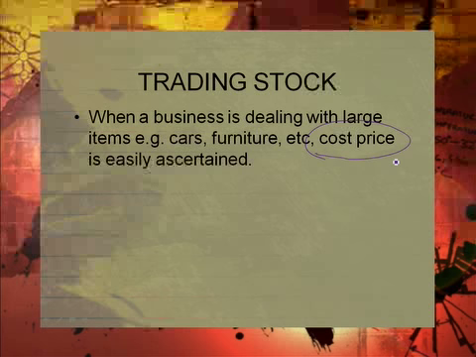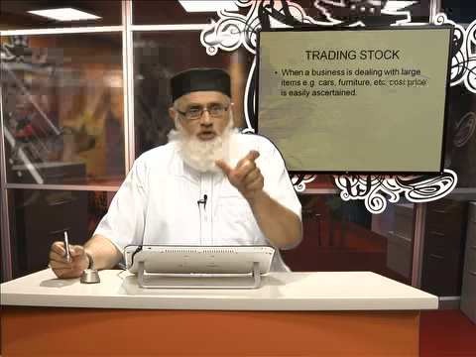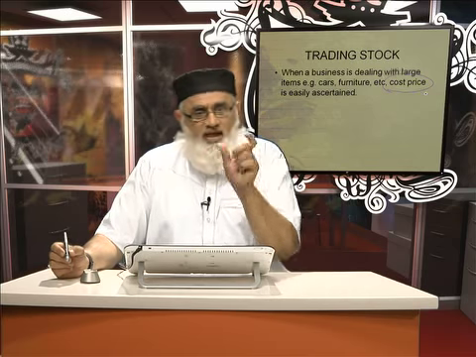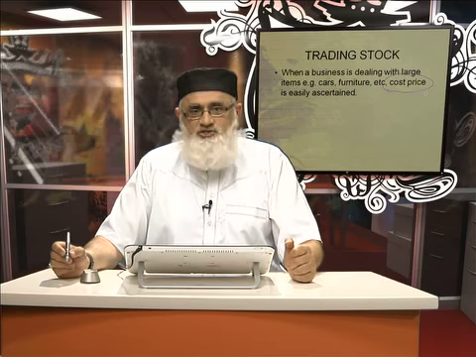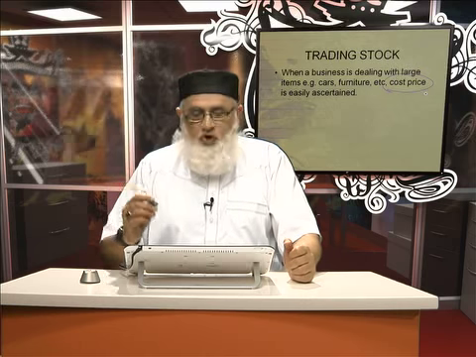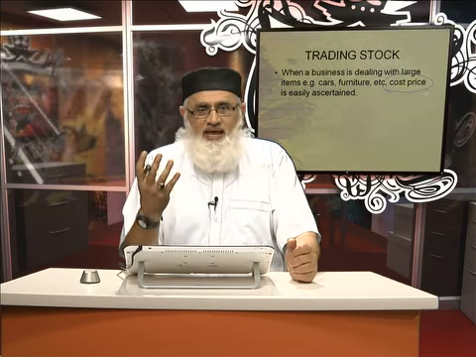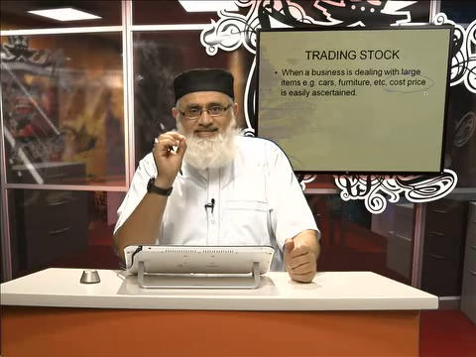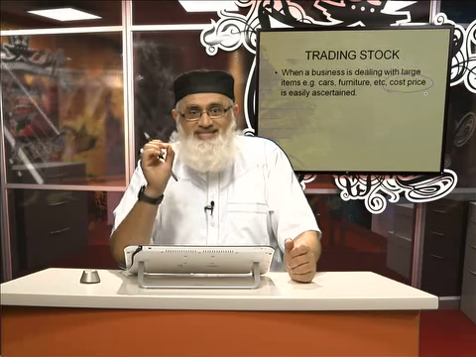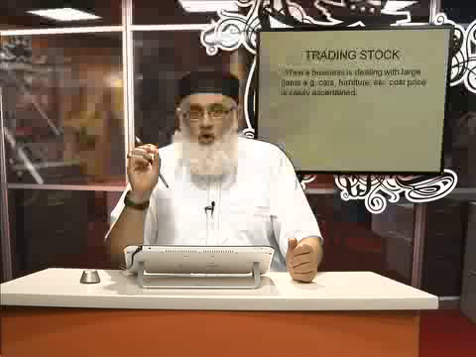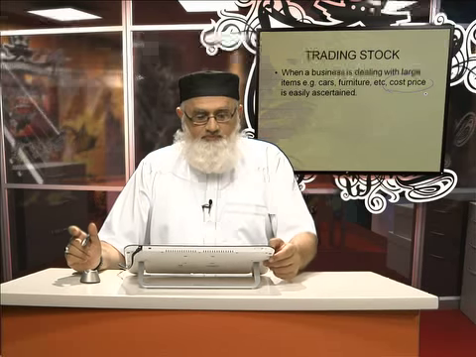Not true? Certainly. Why? You can see that a vehicle, you can identify the vehicle, and you can ascertain the cost price of that vehicle. The same would go for large appliances. Because they are large appliances, you can easily identify them and easily ascertain the cost price of those items.